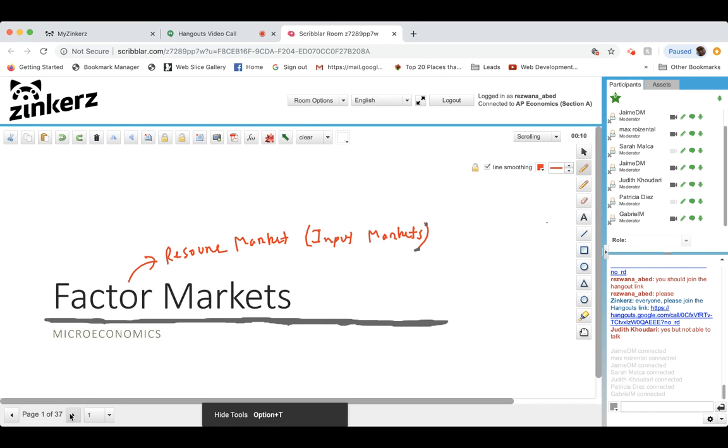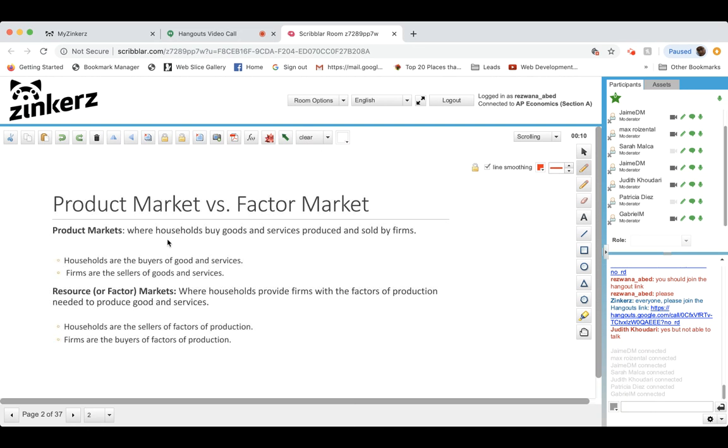Remember, the product market is where households buy goods and services produced and sold by firms. Here the households are the buyers of goods and services, so any goods and services you can imagine: pizza, personal computers, coffee, anything. In the product market, households were on the demand side. They were the demanders.